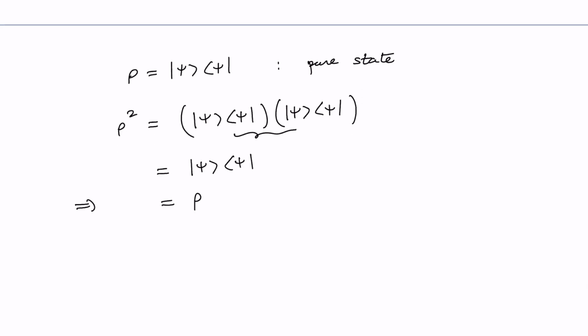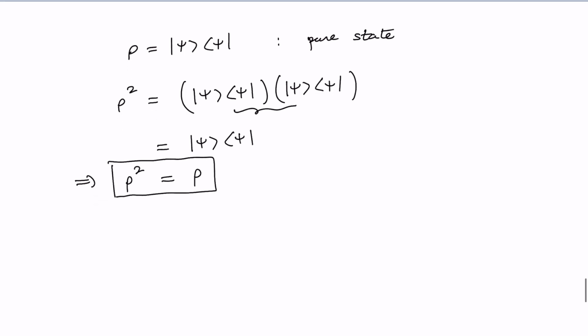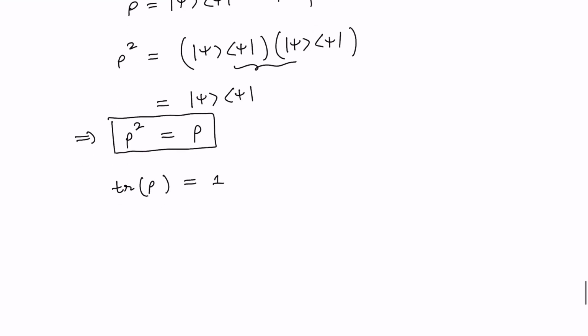So for a pure state, rho square is equal to rho, and if you take the trace, because trace rho is equal to 1, this also implies for the case of a pure state, trace rho square is also equal to 1.